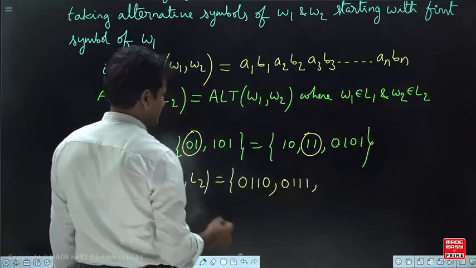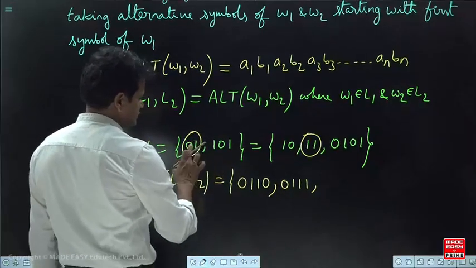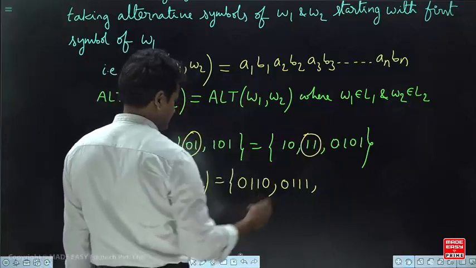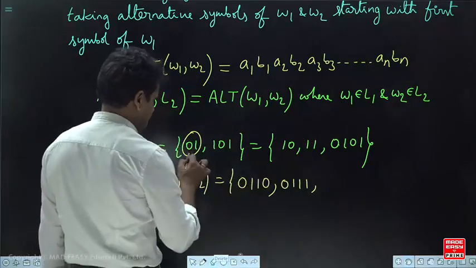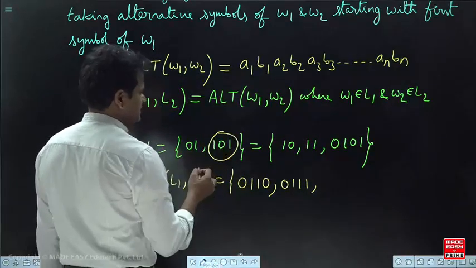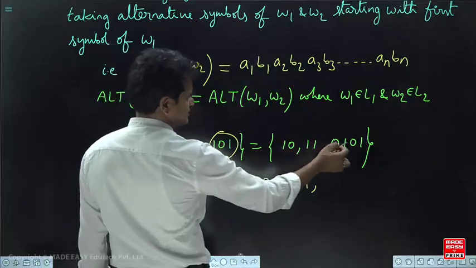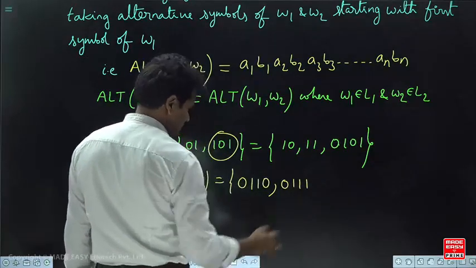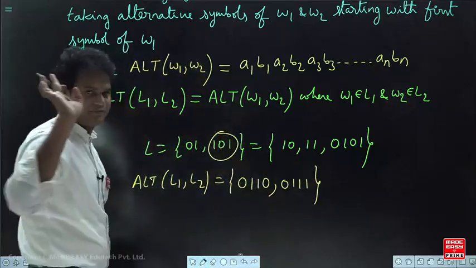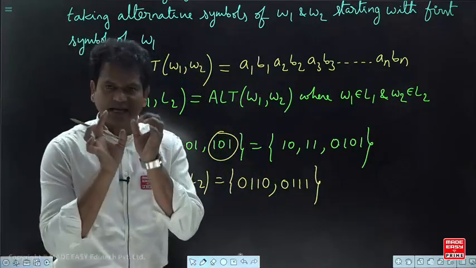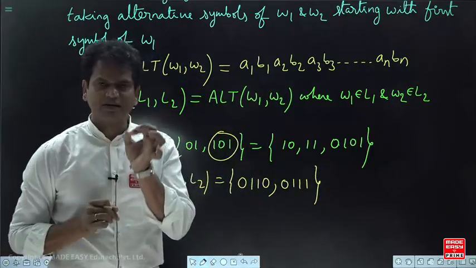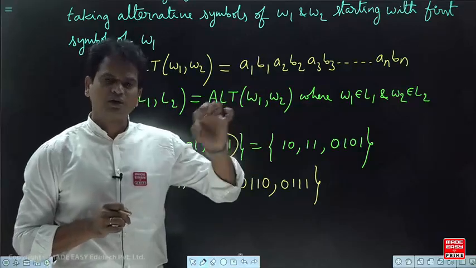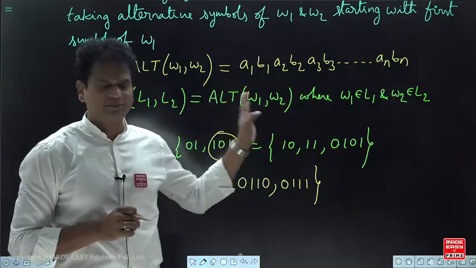Okay, next. So this length is 2, this length is 3. You cannot write, leave it. This is done. This is done. Now take this one, length is 3. Do we have any string of length 3? No. Then you cannot write any other string. So just close this one. Only this. Samajh gaya na? Those are having same length in L1 and L2. So take multiple combinations there.